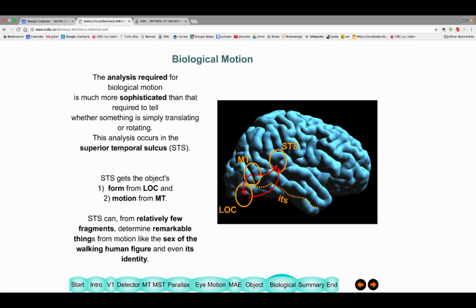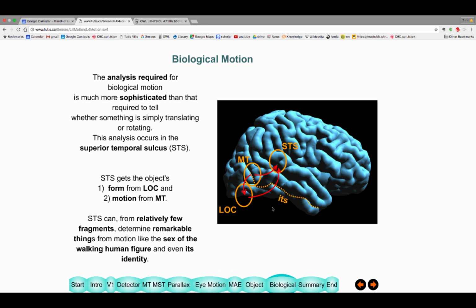And what's responsible for the sense of this biological motion is this area called STS, the superior temporal sulcus. So we had this thing called the inferior temporal sulcus, and now we're going over to a place in the superior temporal sulcus.